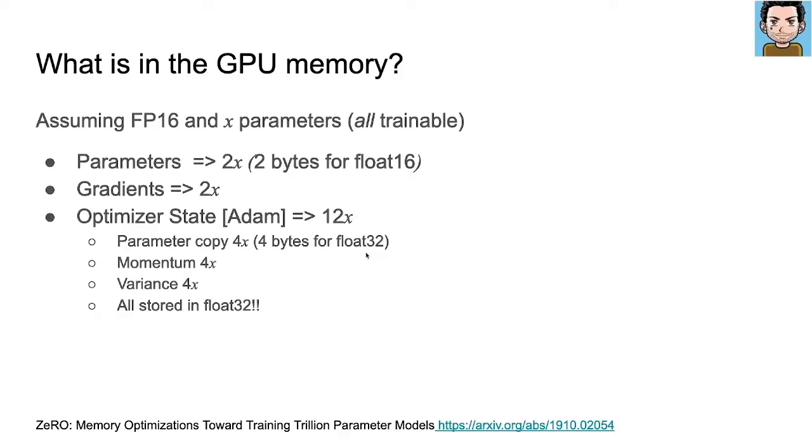So for every parameter, we will need 4 bytes to keep track of that parameter. We will also need 4 bytes to keep track of the momentum and another 4 bytes to store the variance. These are all stored in float 32. Basically, the optimizer, Adam Optimizer, uses 12 times the number of parameters.